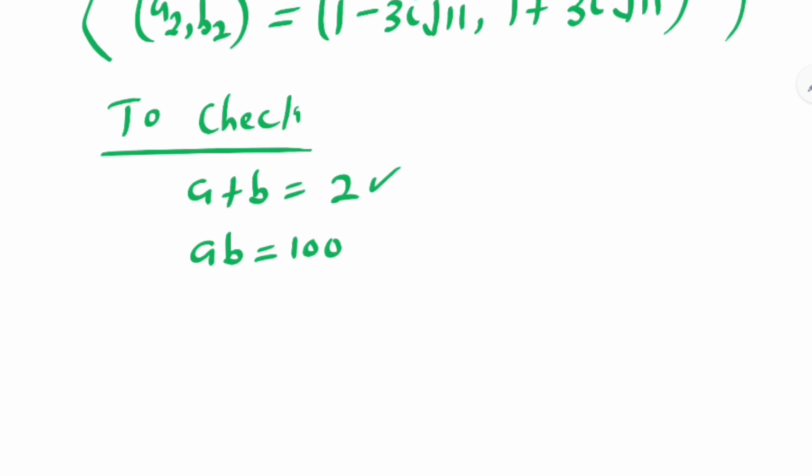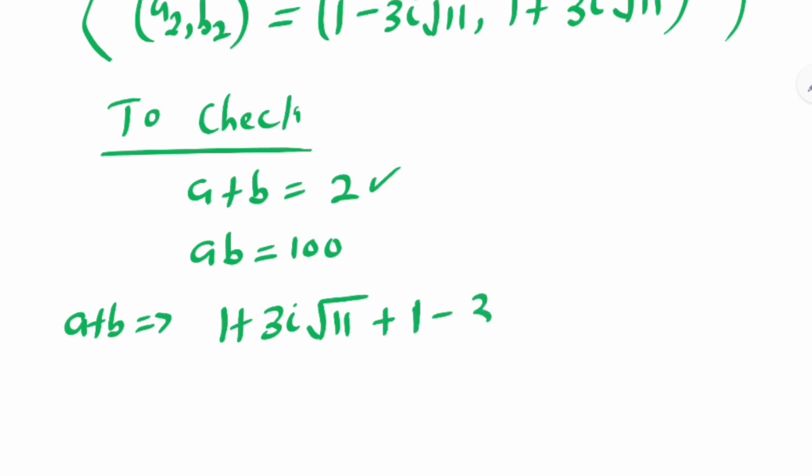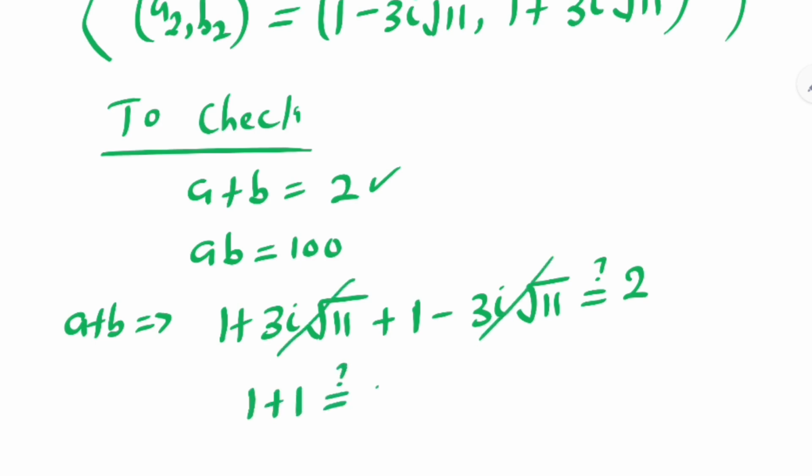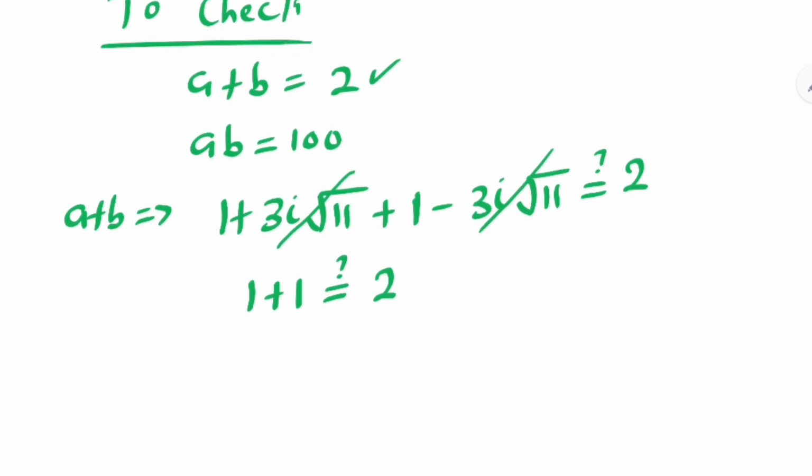Then let's consider A plus B, this is 1 plus 3i root 11 plus 1 minus 3i root 11 must be equal to 2. This cancels this. We have 1 plus 1 must be equal to 2. And of course, 1 plus 1, this is 2, is equal to 2, which is true.